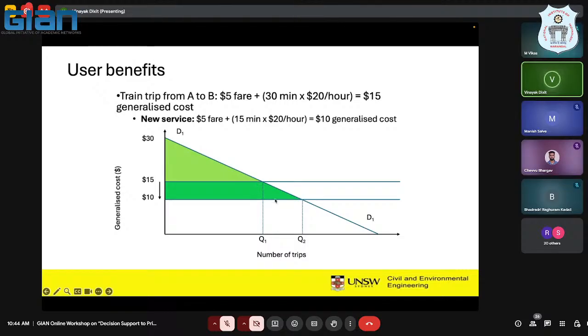So this is 5, and this is Q2 minus Q1, 5 divided by 2 multiplied by Q2 minus Q1 divided by Q2 minus Q1 is half, 2.5. So these people would have experienced on average a $5 improvement. The new people would have an average improvement, a reduction in generalized cost, of 2.5.